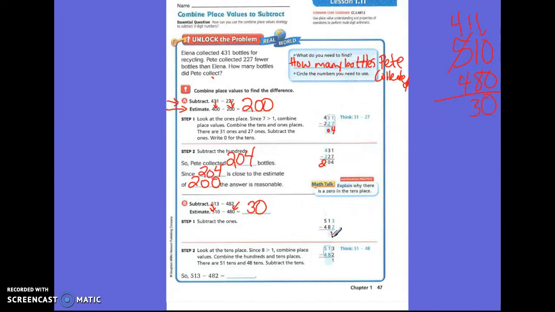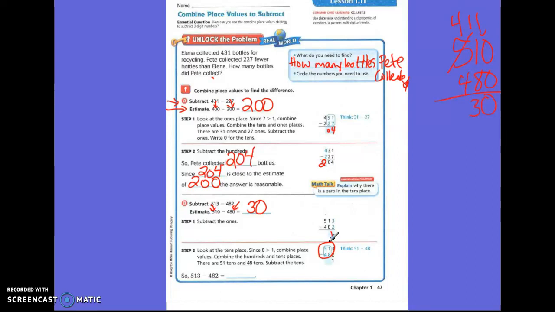Now what they're saying is instead of regrouping, they're saying to combine the tens place and the 100s place. So instead they're doing 51 minus 48. So we can go 48 and count up to 51 and see how many numbers that is. 48, 49, 50, 51. How many numbers did we count up till we get to 51?